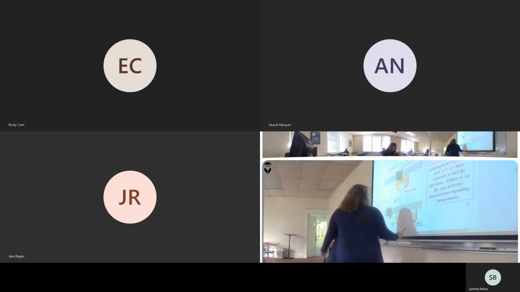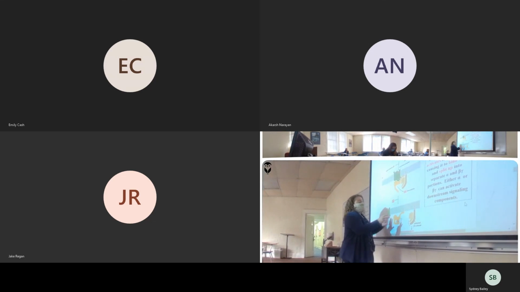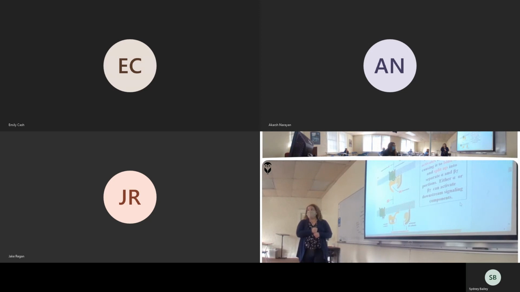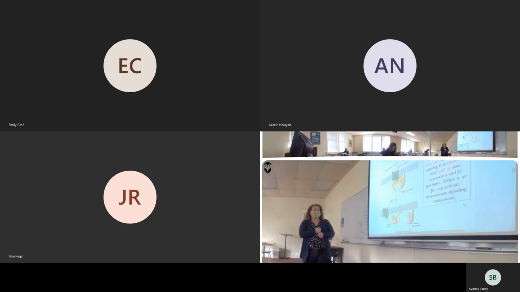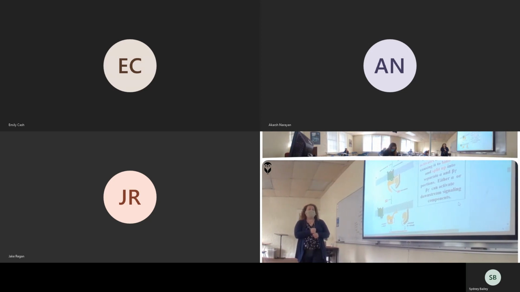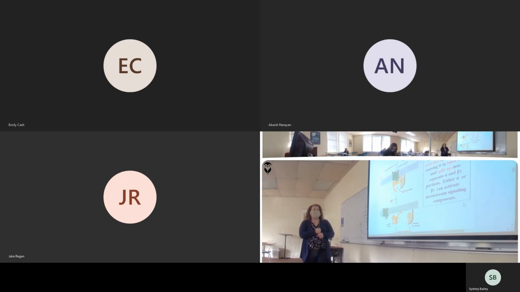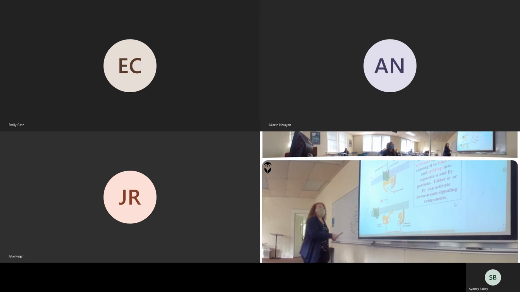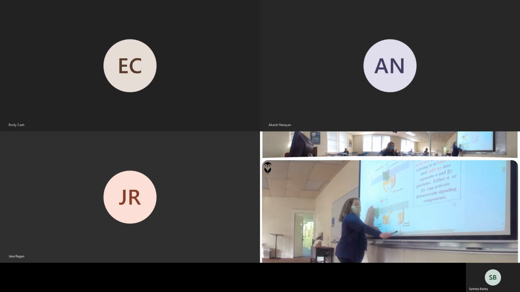So we can circle this configuration. This is open, this is active, this is on, not waiting, it's on. So it's open, it's active, it's on.